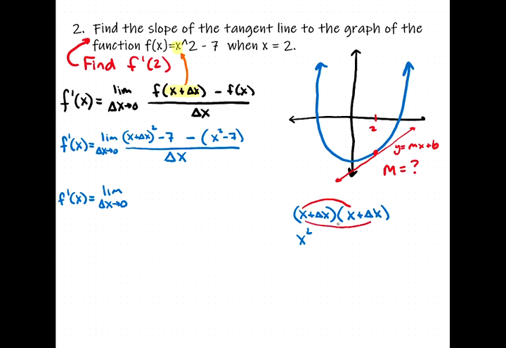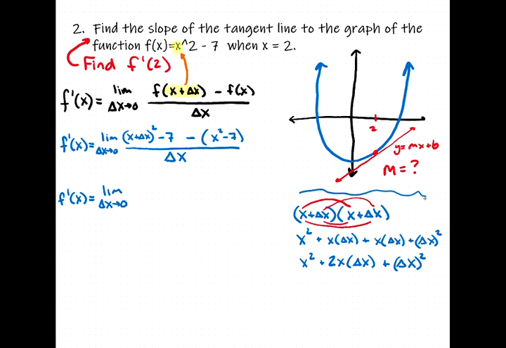Outer times outer is an x times delta x. Inner times inner is another x times delta x. And last times last is delta x times itself, or delta x squared. So we have x squared plus 2 of these x times delta x's, 2x times delta x plus delta x squared.